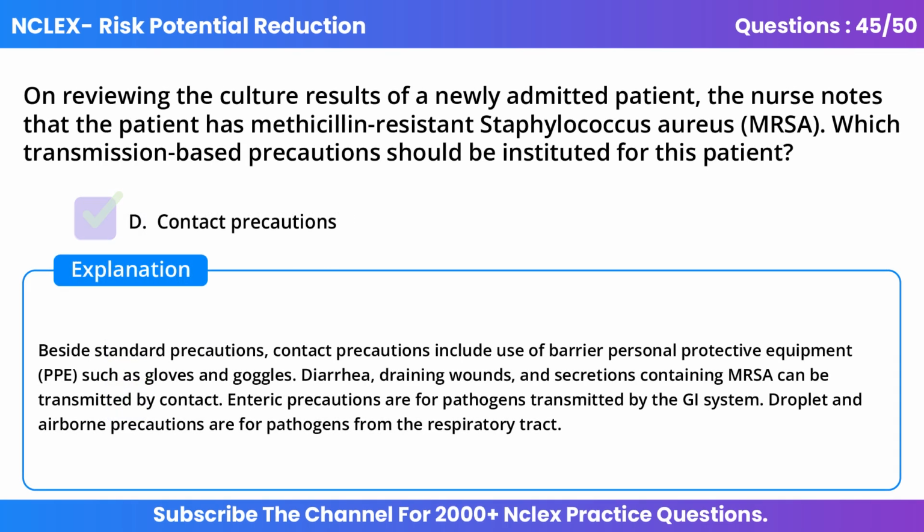Besides standard precautions, contact precautions include use of barrier personal protective equipment, PPE, such as gloves and goggles. Diarrhea, draining wounds, and secretions containing MRSA can be transmitted by contact. Enteric precautions are for pathogens transmitted by the GI system. Droplet and airborne precautions are for pathogens from the respiratory tract.